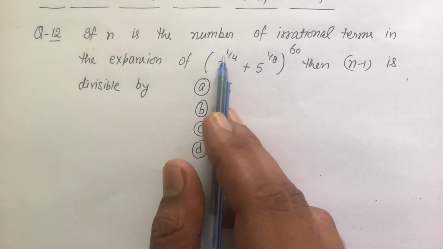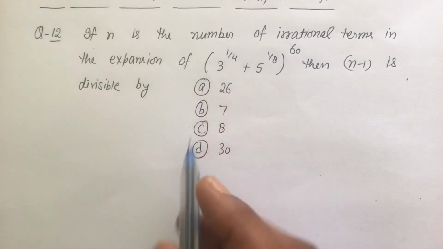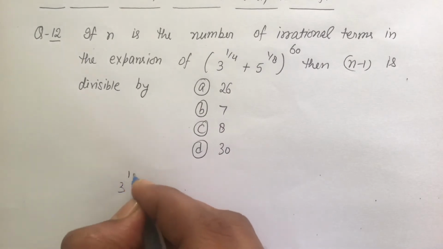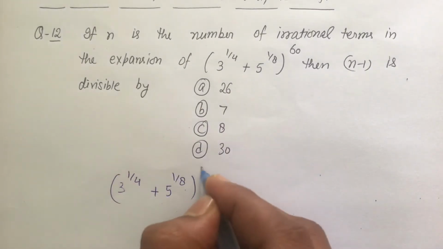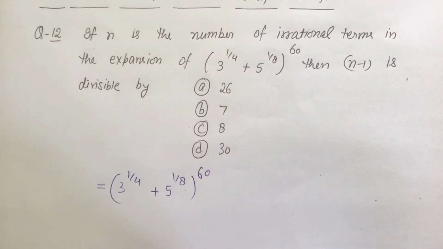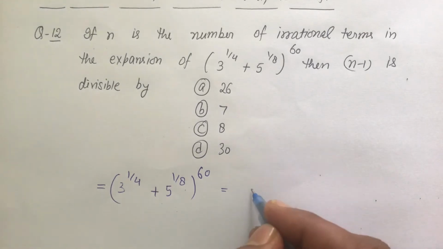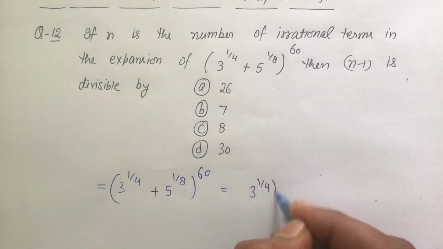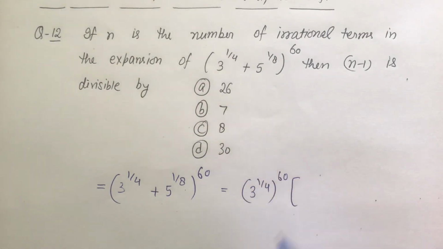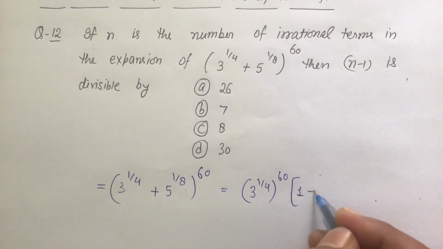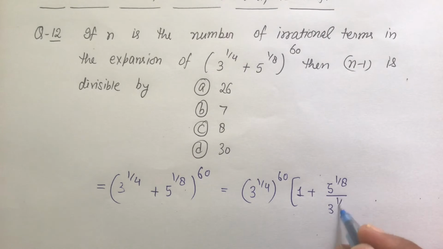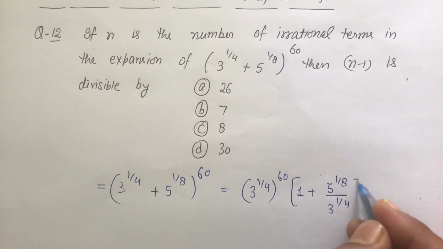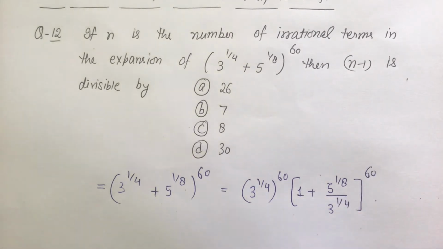I can take 3 raised to the power 1 by 4 common. So (3 raised to the power 1 upon 4 plus 5 raised to the power 1 upon 8) raised to the power 60 can be written as, if I take 3 raised to the power 1 by 4 common, 3 raised to the power 1 upon 4 whole raised to the power 60 comes out, and in the next bracket it would be (1 plus 5 raised to the power 1 upon 8 upon 3 raised to the power 1 upon 4) whole raised to the power 60.